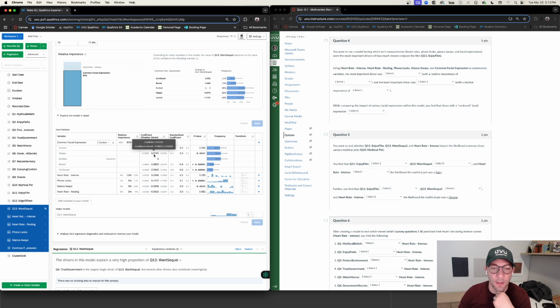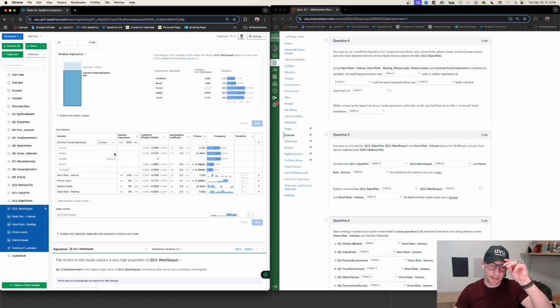So this is positive, which means happy is going to be higher than excited, or in other words, those that had happy expressions enjoyed the film more than those that had excited expressions, while controlling for or holding these other ones constant. And here, these are negative betas, so we have significant p-values and negative betas, so those who had bored expressions enjoyed the film less than those that were excited, and those who had confused expressions enjoyed the film less than those excited while holding these others constant.